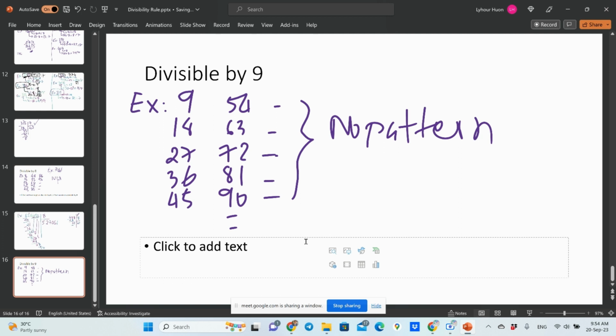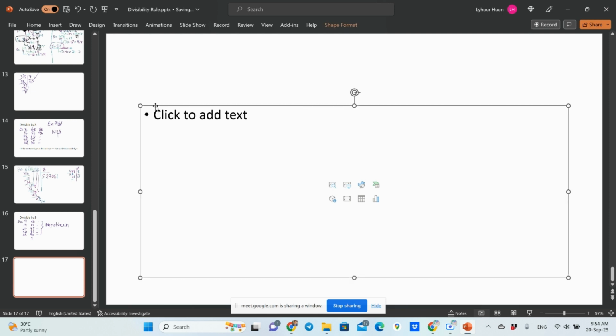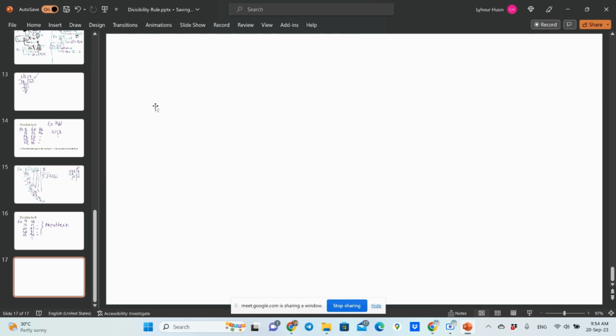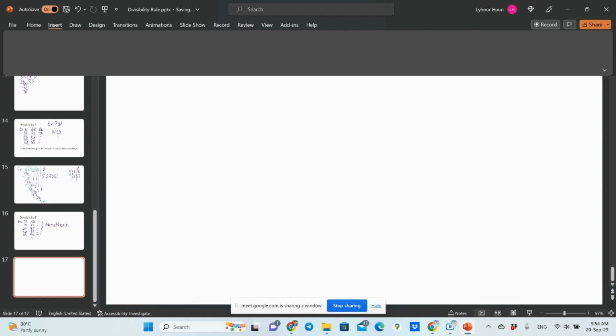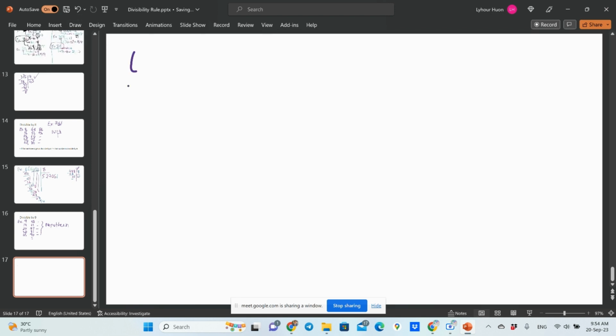For 9, if the sum of all digits is divisible by 9, then the whole number will be divisible by 9.